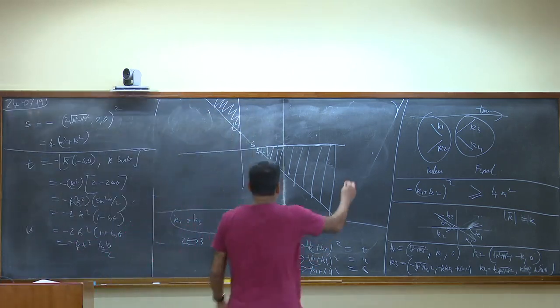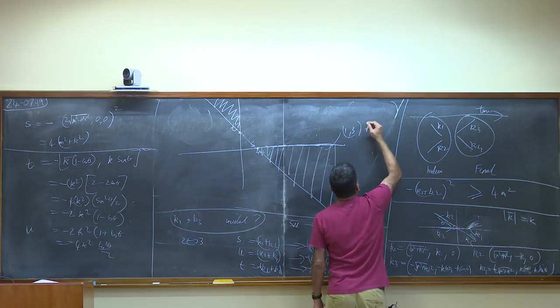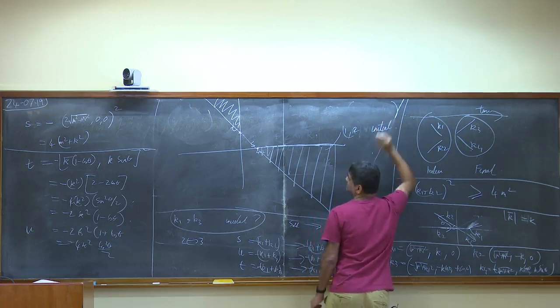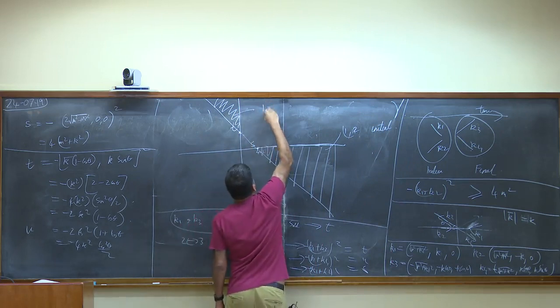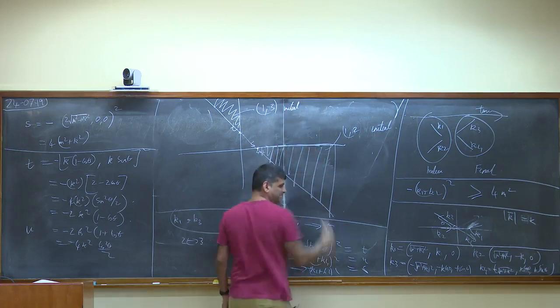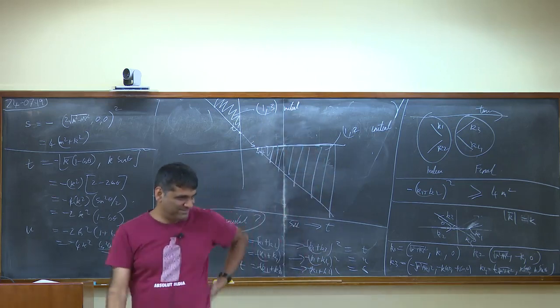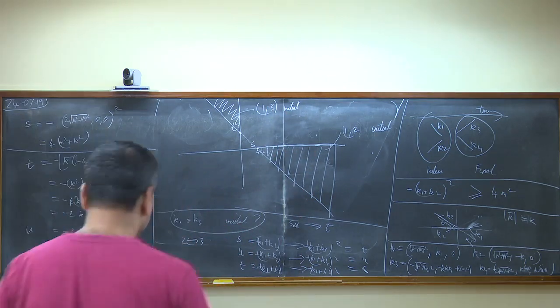So this is where 1 and 3 are initial, and this is where 1 and 2 are initial. Is this clear?